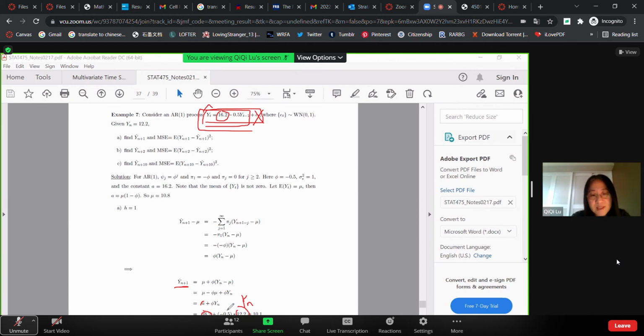So that's the 1 step ahead prediction value here, 10.1. And the mean is 10.8.